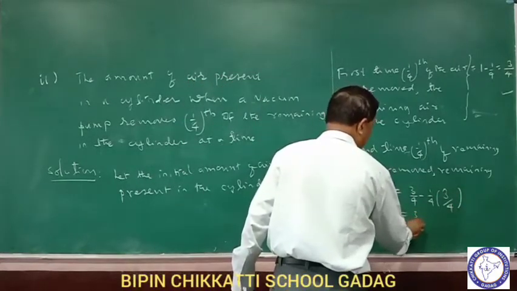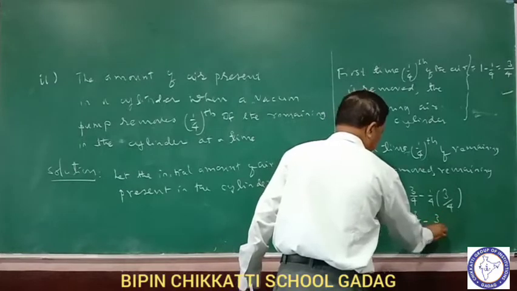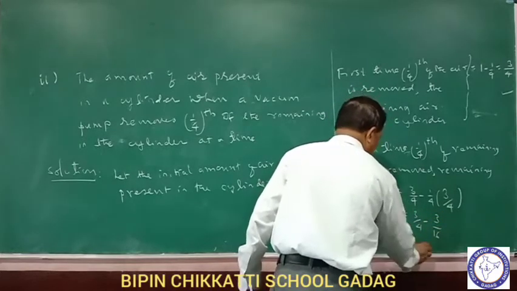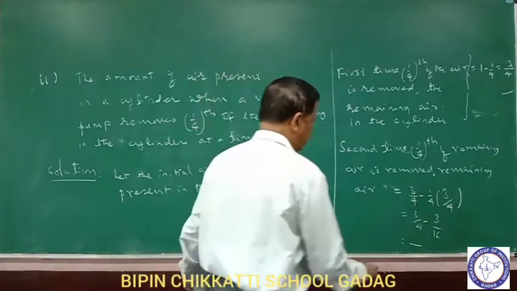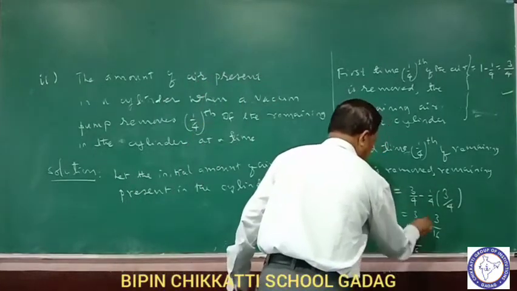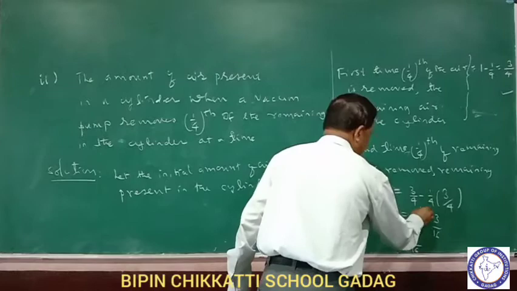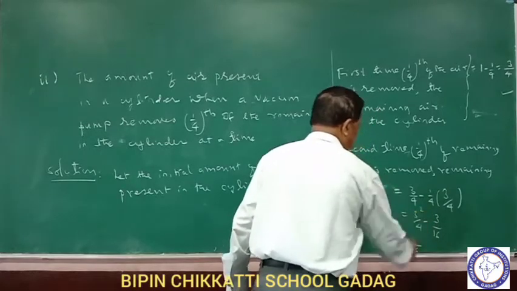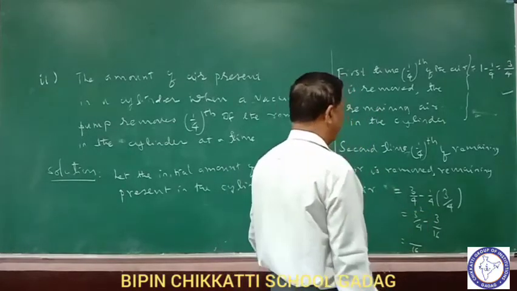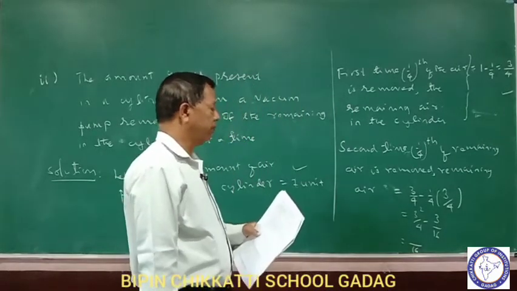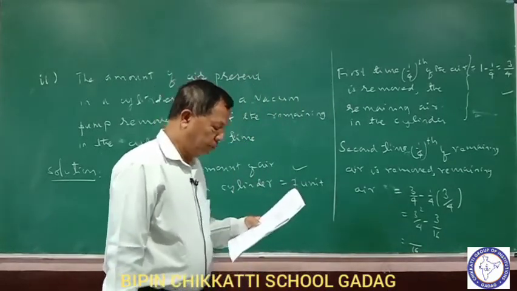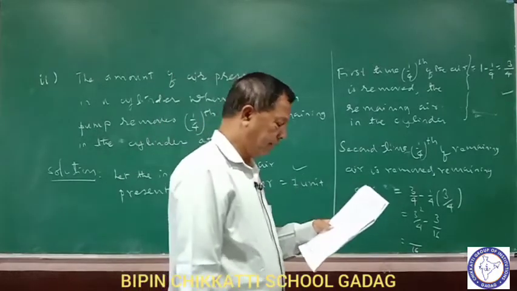So 3/4 minus 3/16, and you go for simplification. 4 2s are 8, and so on. You see how the result simplifies, and accordingly write the result.